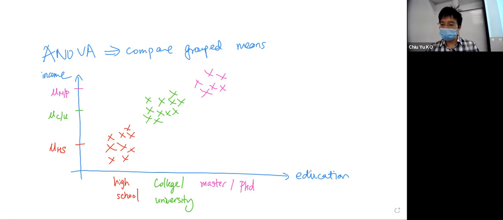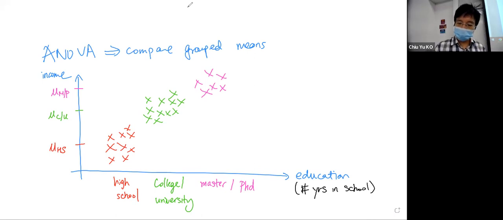In that case, this becomes a numerical variable instead of nominal. Then you can easily think of this as a scatter plot. Before, you can imagine it as a box plot, a different box plot for each group.